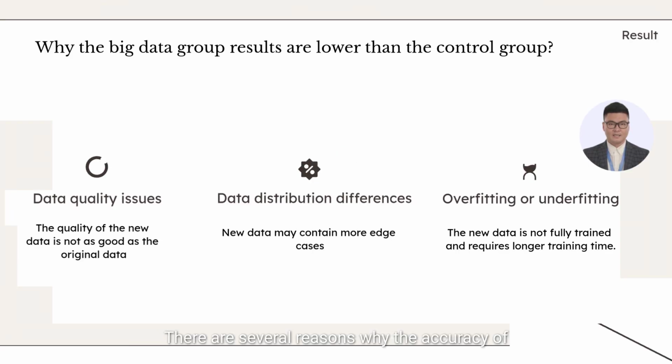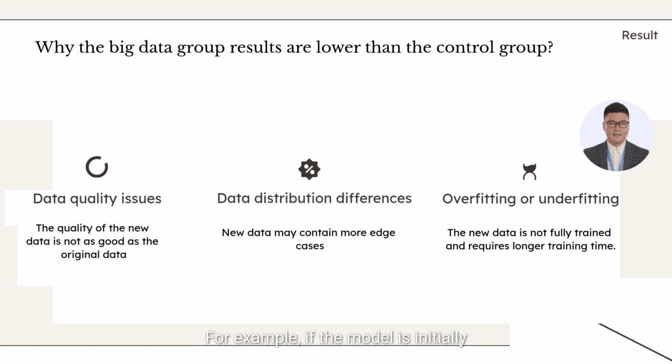There are several reasons why the accuracy of the big data group is lower than the control group. First, larger datasets may contain more noise factors that can affect the training of the model, resulting in degraded model performance or new data that is too diverse, which can lead to poor model performance in some cases. Second, data distribution differences.